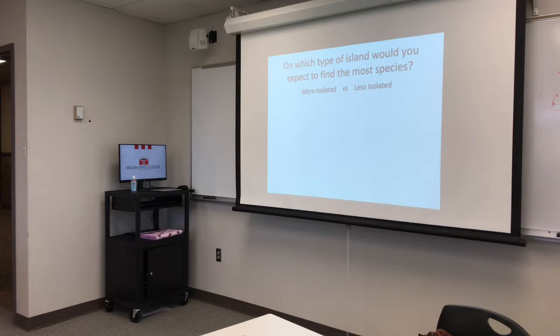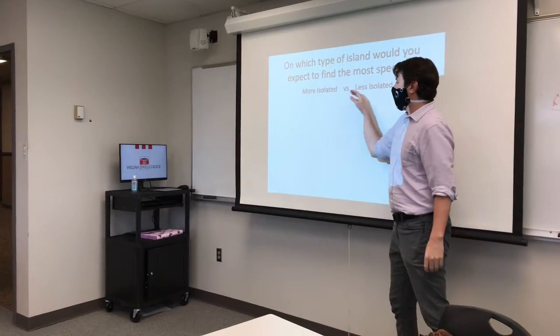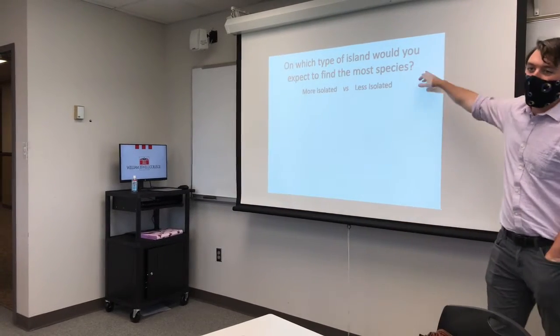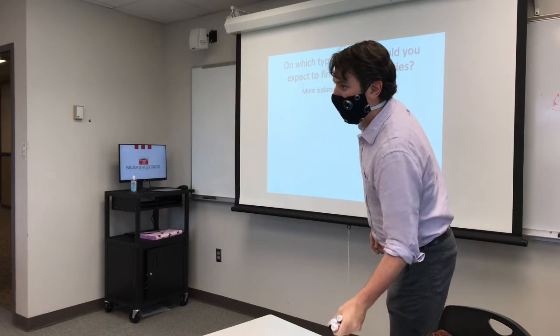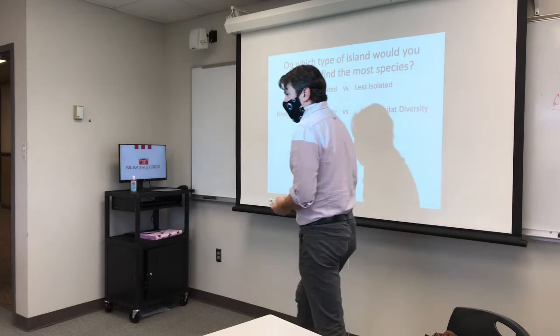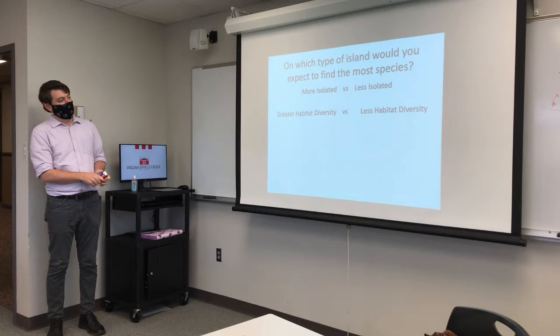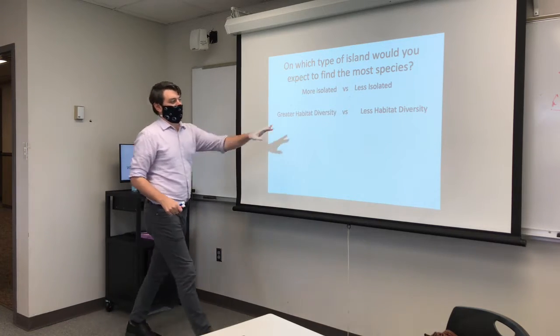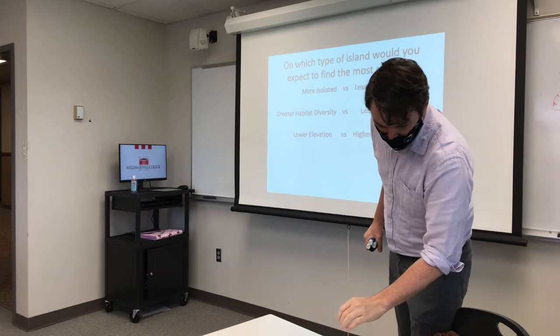How would you predict an island that's more versus less isolated to, which one would you expect to have more species than the other? Yeah, less isolated probably have more. In terms of habitat diversity, which we've talked about, which one would you expect to have more species? More greater. Yeah, greater. And we'd probably find that. We might find that habitat diversity on which kind of island?